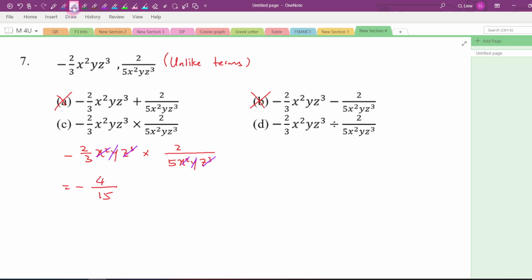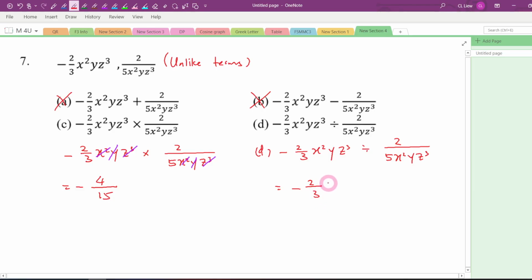Let's go to the last part, part D. So negative 2 over 3 x squared y z cubed divided by 2 over 5 x squared y z cubed. Okay, this one just copy first. Negative 2 over 3, x squared y z cubed. Divide, change to multiply, and flip over the denominator and numerator. 5 x squared y z cubed over 2.